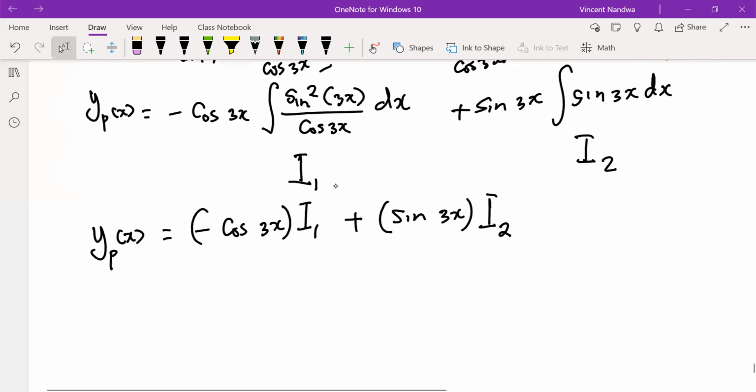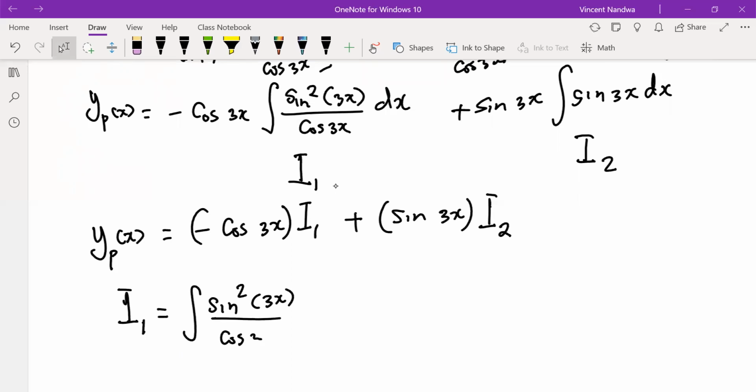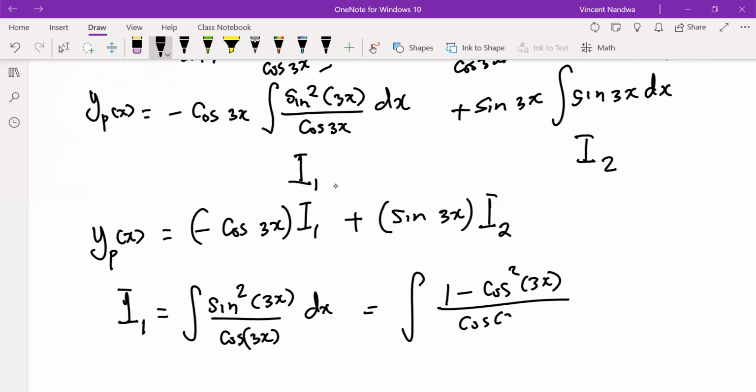And so let's work out the value for integral 1, which is, now we know that sine squared is the same as 1 minus cos squared. So this can be written as the integral of 1 minus cos squared 3x over cos of 3x dx.